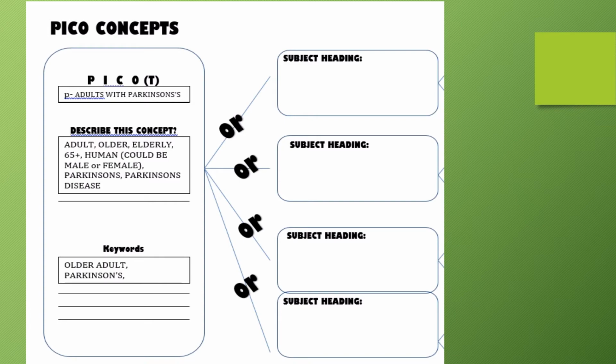Parkinson's disease. So taking some grouping of that into our strategy then, I'm going to want to do that as a keyword search. And I'm going to start with older adult and Parkinson's.